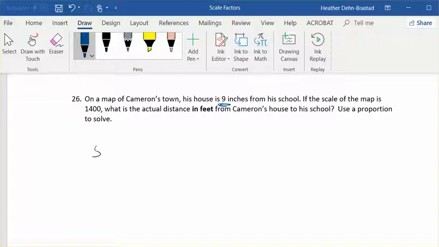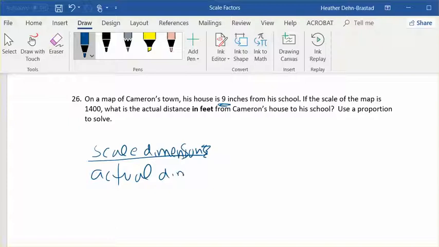So we have scale dimension over actual dimension. That would be the scale factor. And they tell us that the scale of the map is 1 over 1400. So that's our scale factor.